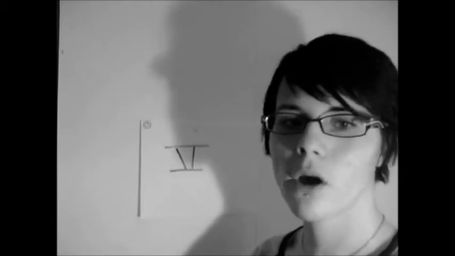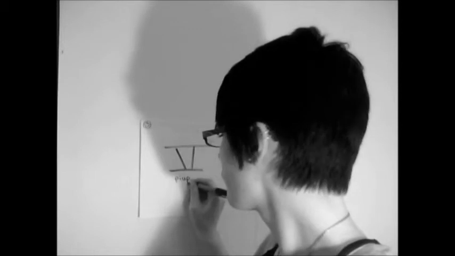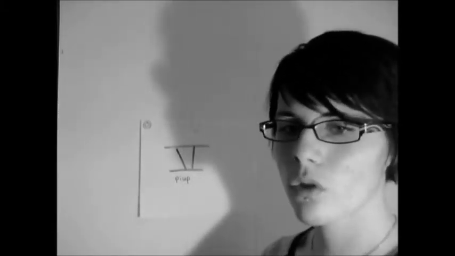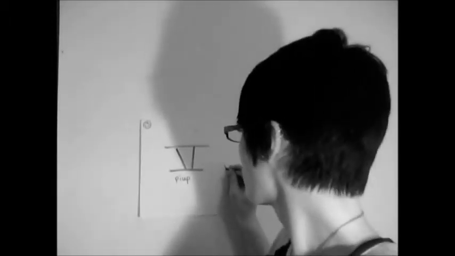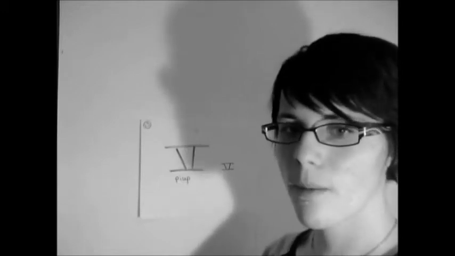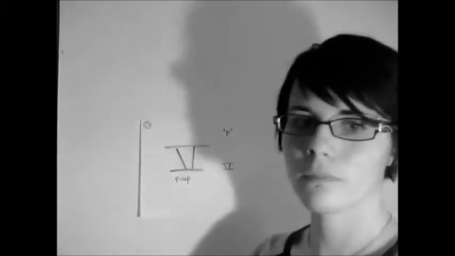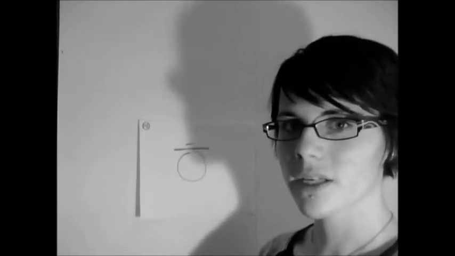The 13th letter is called Pieup. This letter looks very similar to the Roman numeral 5, and that's how you would write it. Pieup says P. Last but not least, the 14th consonant of the Korean alphabet.